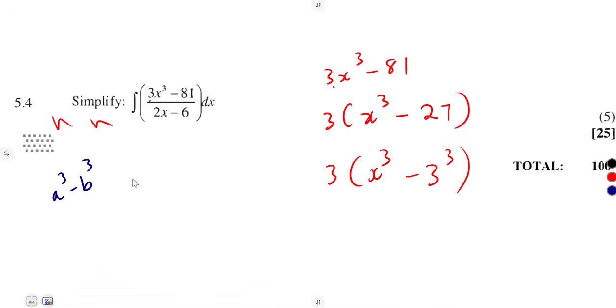So how do we factorize this? It is a minus b into a squared plus ab plus b squared.